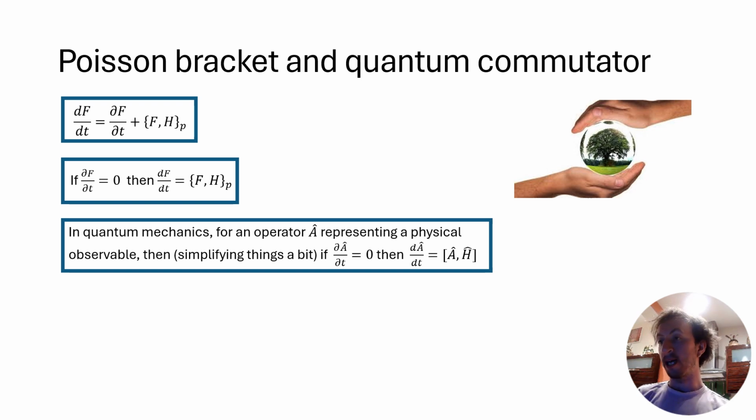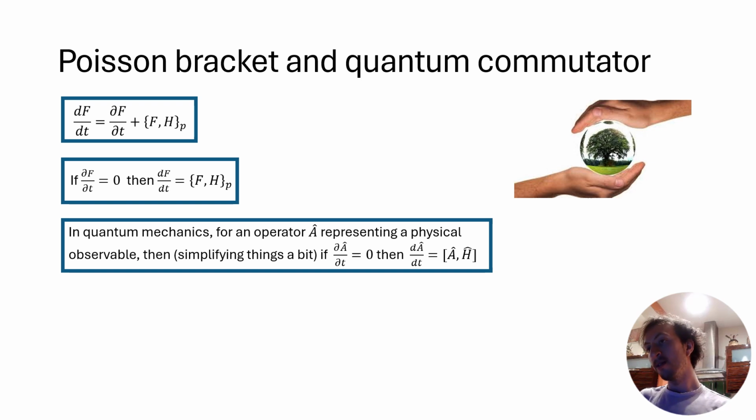Similarly, in quantum mechanics, if we think of an operator A, then simplifying things a bit, we can say, well, if A is kind of conserved and A doesn't explicitly depend upon time, then the commutator between A and the Hamiltonian will be 0, albeit with A and the Hamiltonian being operators in quantum mechanics, not functions.